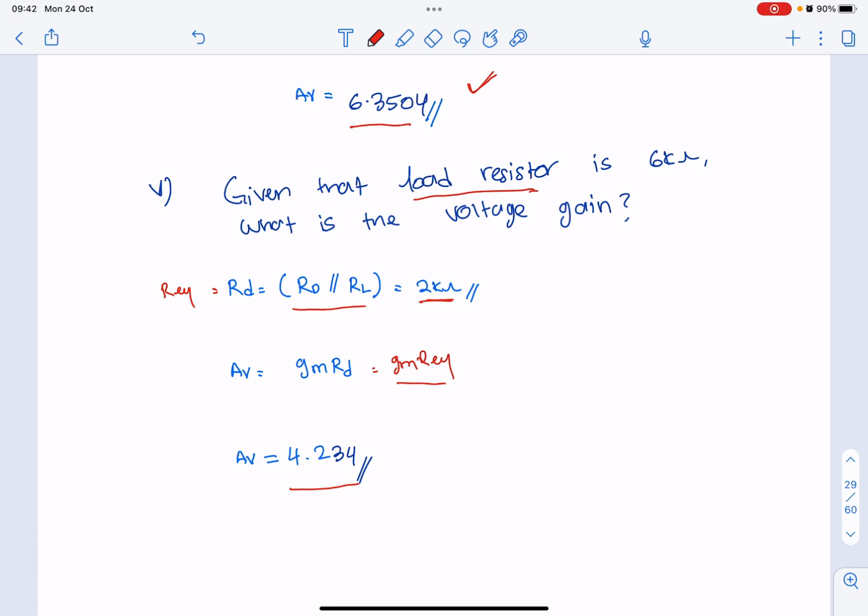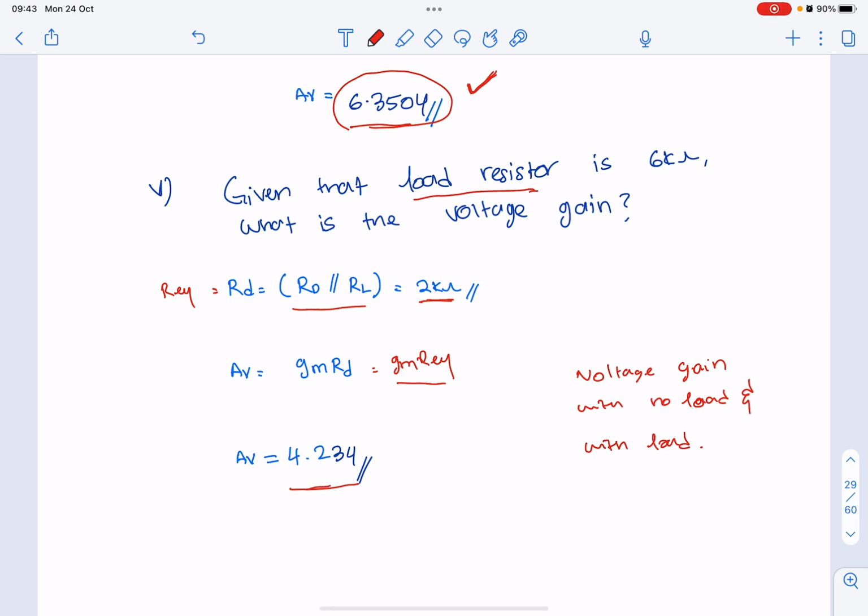So if you compare the voltage gain with no load and with load, which one is larger? If you look at this analysis, you can see that the voltage gain without load is much larger compared to the voltage gain with load.